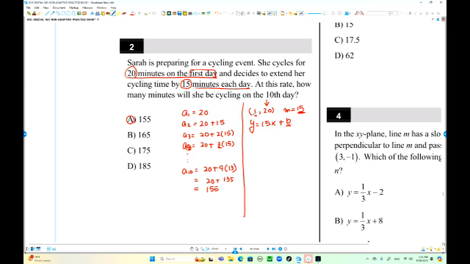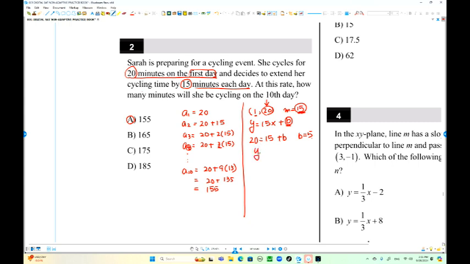Using this, we decide the value of b. So y equals 20 when x equals 1. 20 equals 15 times 1, which is 15, plus b. Actually, b equals 5. And you can also find this number from 20 minus 15, all right?